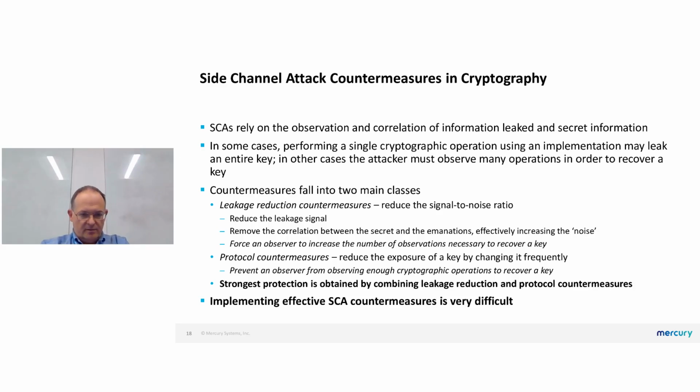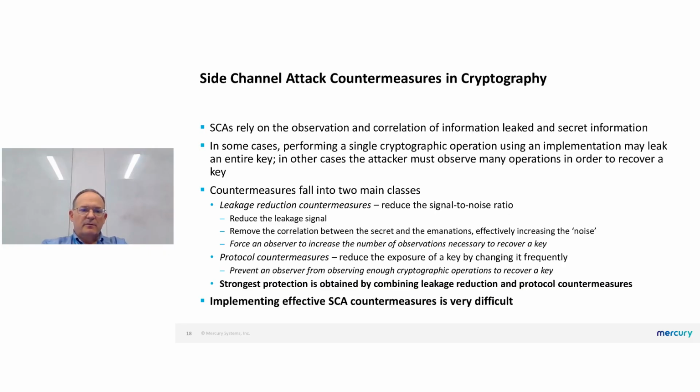This leads to the next approach, which is the implementation of protocol countermeasures. These reduce the exposure of a key by changing it frequently. Techniques include what is most commonly referred to as key rolling, where a key is updated by a known mechanism between two parties, so that exposure of any single key is reduced to a threshold below which an attack is not possible against any single key.